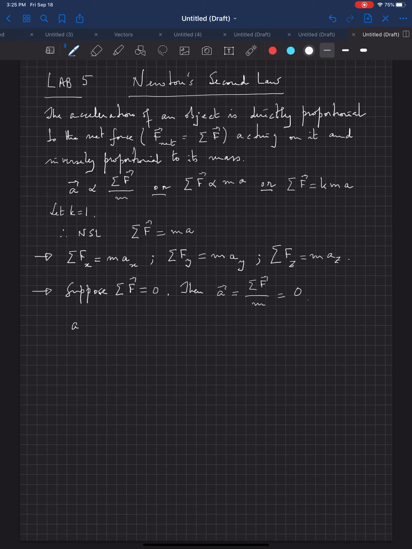A equals 0 means that the velocity is constant. Okay? And of course, that constant could be 0. So this then is the statement of Newton's first law. Okay, so let's put down here, this is NFL, nothing to do with the football league.